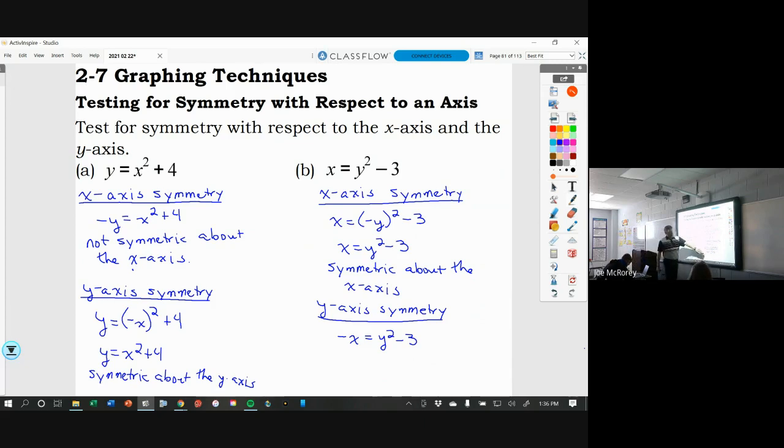And our equations are different, so this is not symmetric about the y-axis. Pretty simple. Straightforward. Questions? Okay.